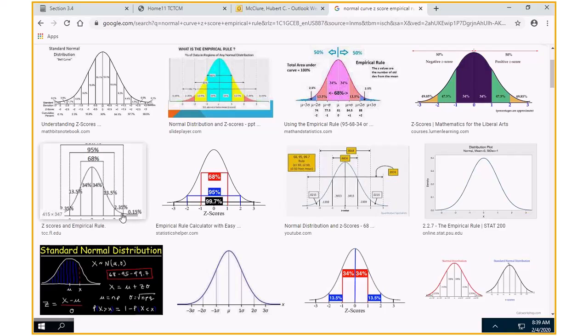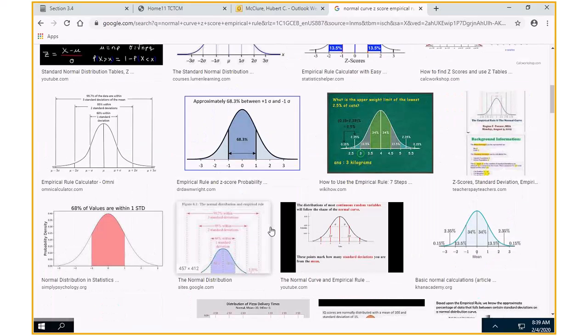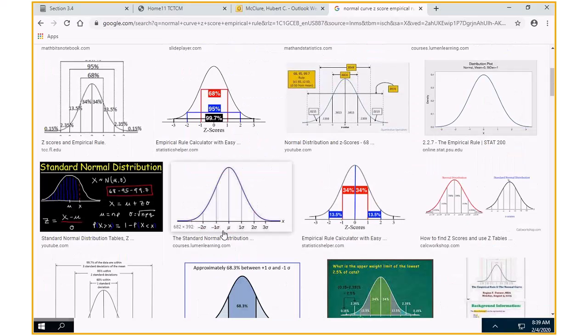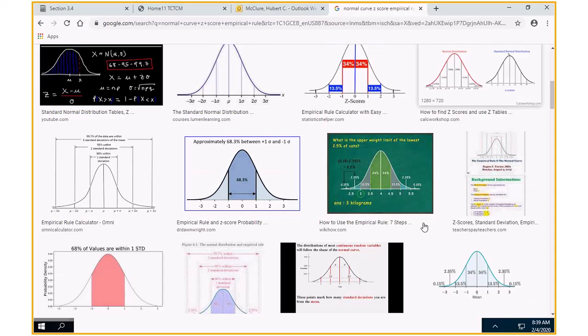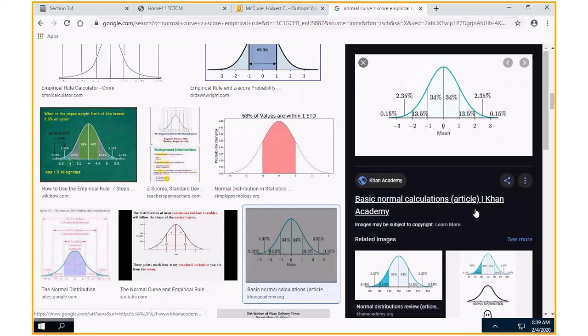They just do 2.5 on the end. Since your book does the 0.15, you might want to go with one that does. Okay, pick which one you want. I don't care. You can pick one with the standard deviations on the bottom. You can pick one with the z-scores on the bottom. If you look hard enough, you may be able to find one with both. So we're going to use this one.